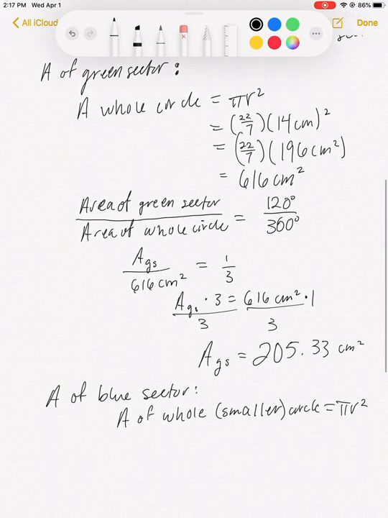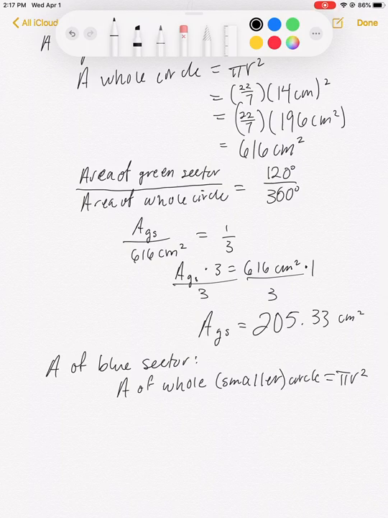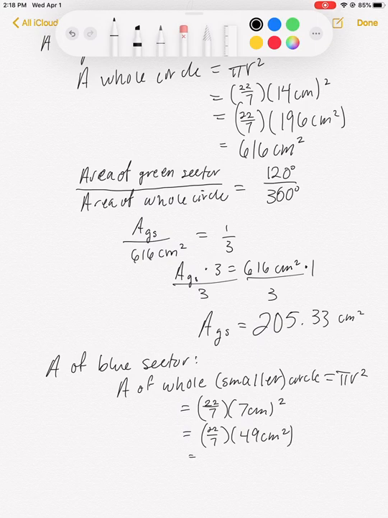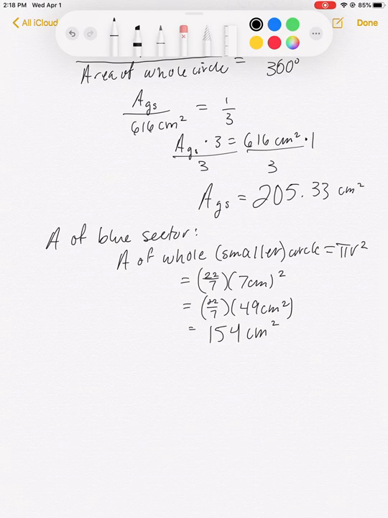Okay, and so we have pi the same as 22 sevenths. So that's equal to 22 sevenths times 7 centimeters quantity squared. Okay, 22 sevenths times 49 centimeters squared. That's going to equal 154 centimeters squared.